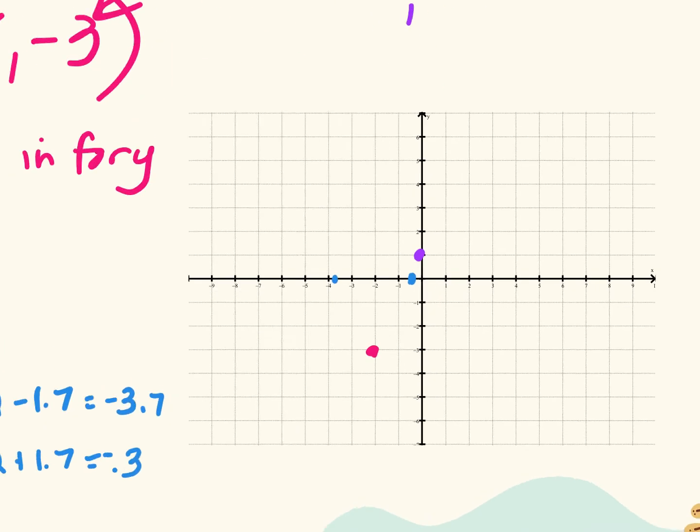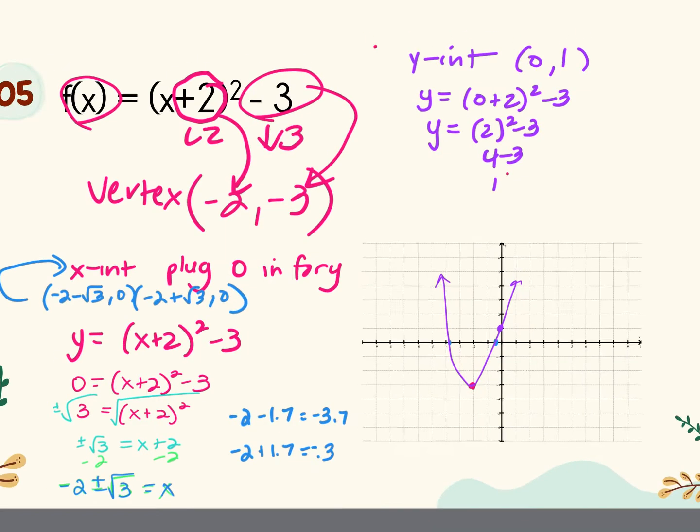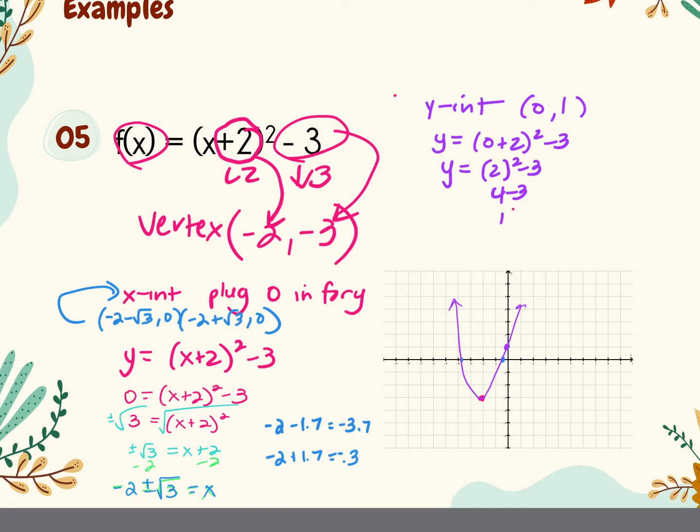And now I just connect those dots. The vertex is the opposite of what follows x, and then whatever's out by itself. So it would be -2 because it's a shift left, instead of to the right, and then it's -3.